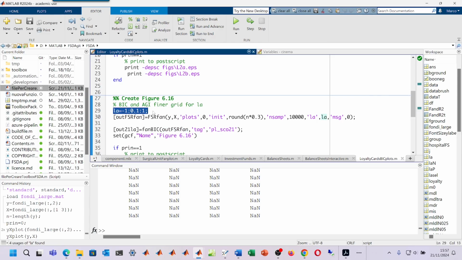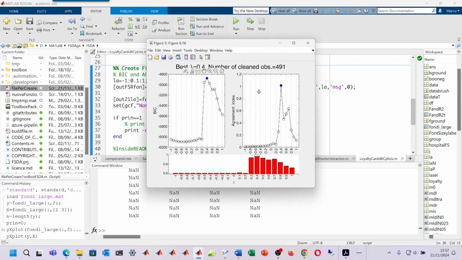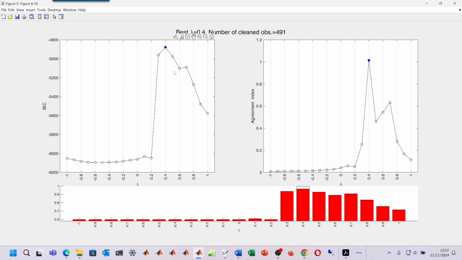Now we consider a finer grid, from -1 to 1 with a step of 0.1. Remember that before we had found that the best value was 0.4. Now we have the same information in a fully automatic way, using both BIC and the agreement index.